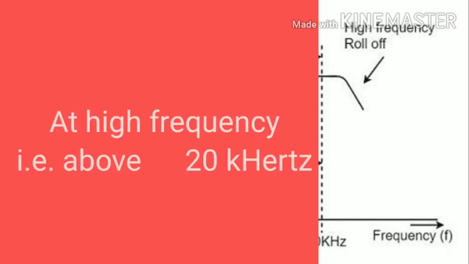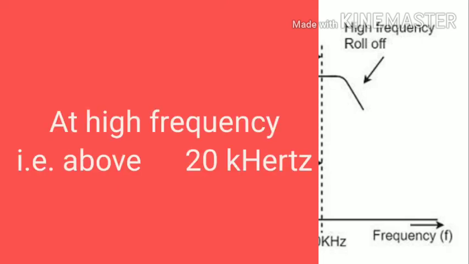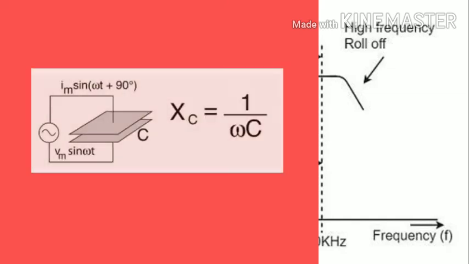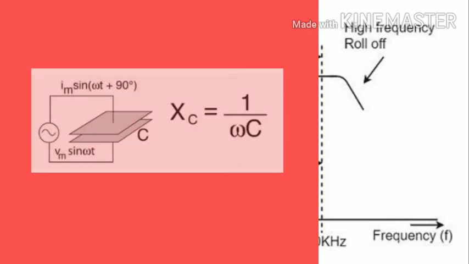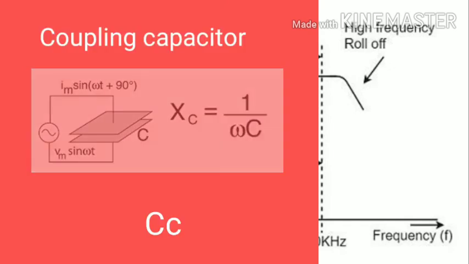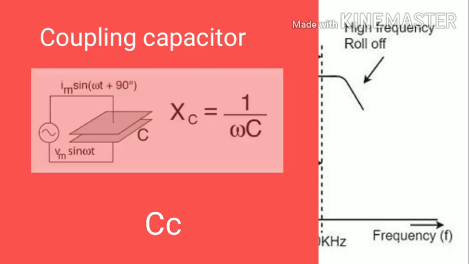Next is the frequency response at high frequency, that is, frequency above 20 kHz. When the input signal is of high frequency, above 20 kHz, the reactance of the coupling capacitor Cc becomes very small and it behaves as a short circuit.